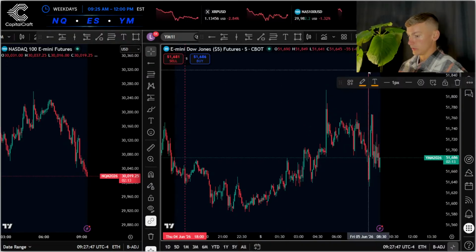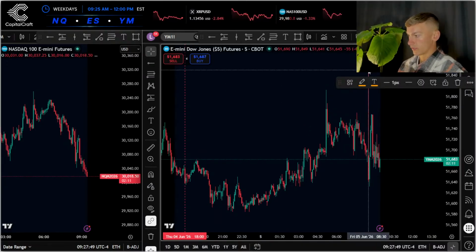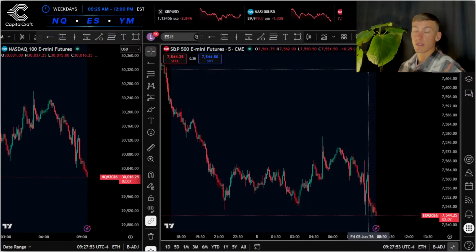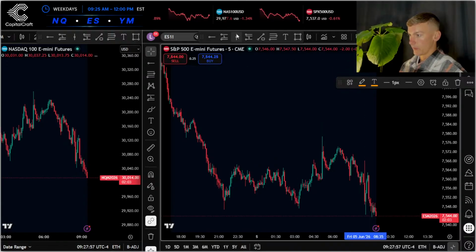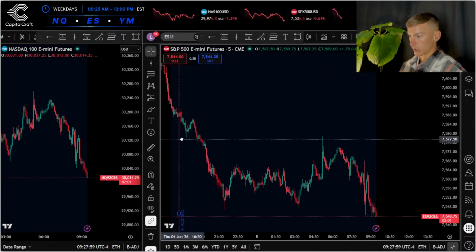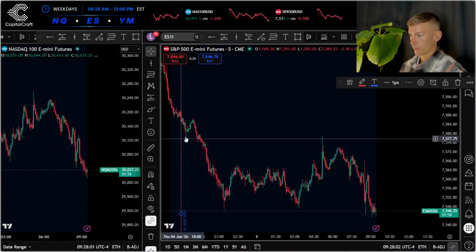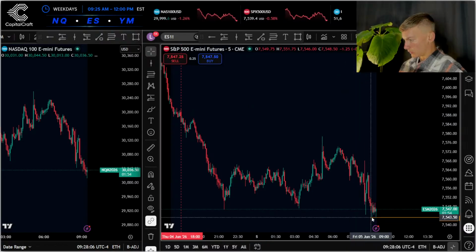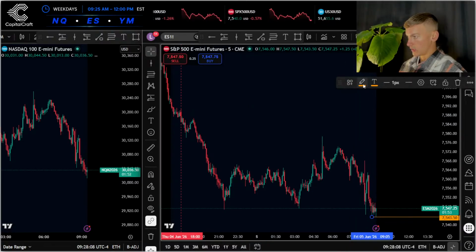What I'm going to do is quickly sift through our different indices, being the Nasdaq, the S&P 500, as well as the Dow Jones Industrial Index. So I've marked out those levels. I'm quickly going to draw another vertical level on the S&P in order to see what today's trading range will be.